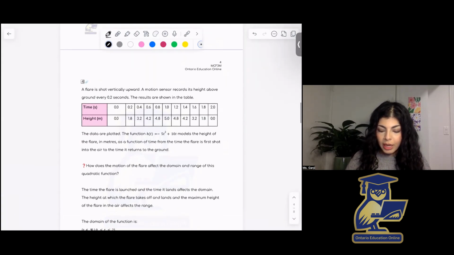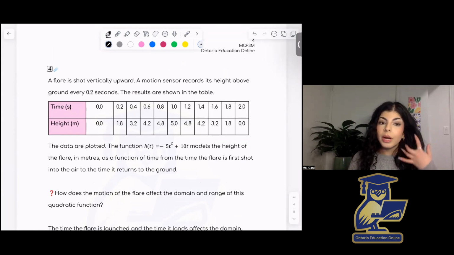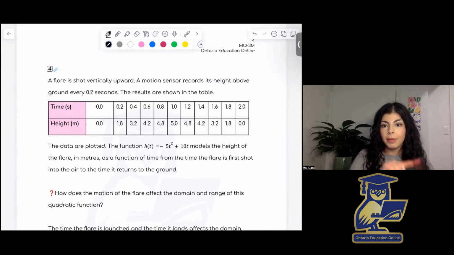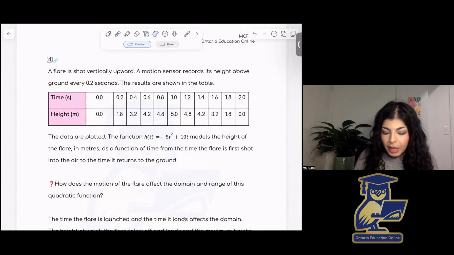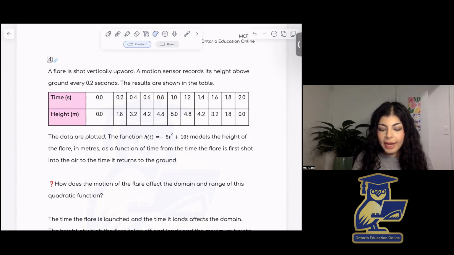So now let's look at a word problem where we're told a flare is shot vertically upward and a motion sensor records its motion as it moves up and down, similar to a quadratic model. Here we have the table of values, and we're given the height every 0.2 seconds.